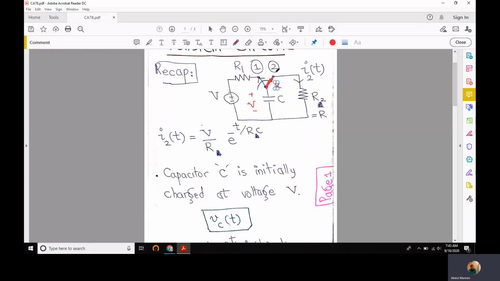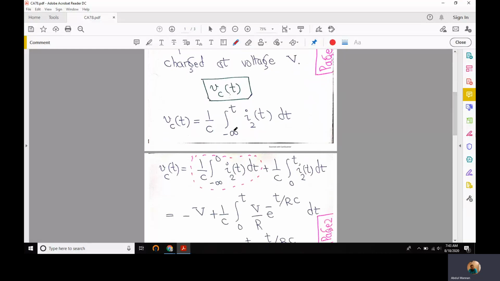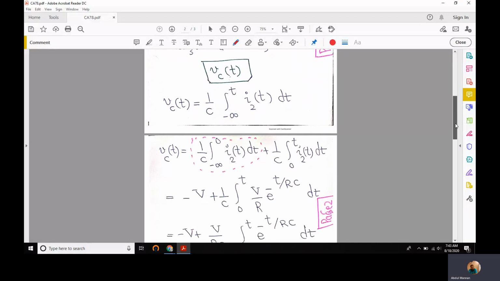So if the capacitor is pre-charged, this integral from minus infinity to t takes care of it. We have already studied that this integral can be broken down into minus infinity to 0 and then from 0 to t, and this includes the effect of pre-charge if the capacitor is pre-charged.